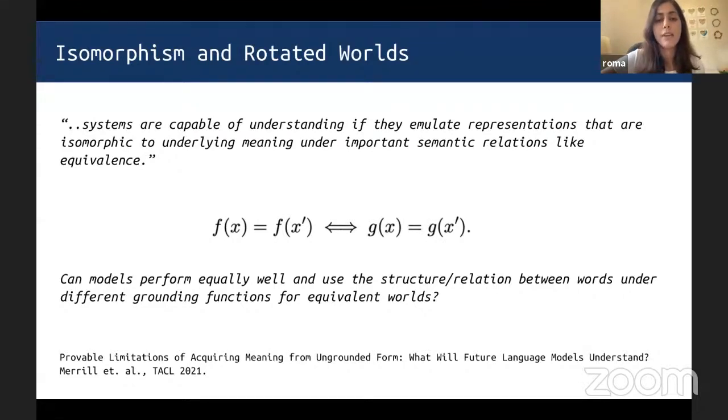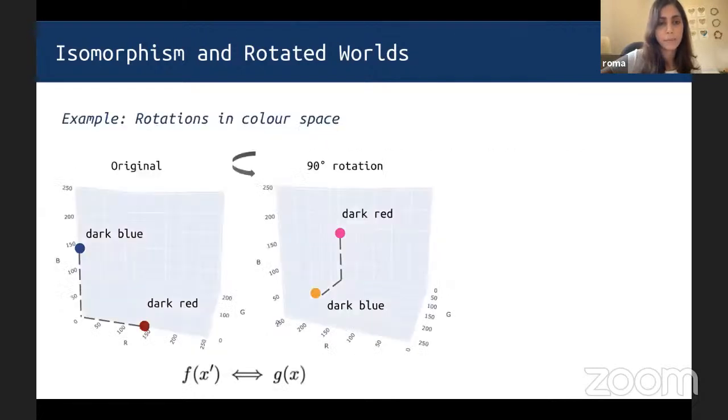So for example, if we have a different grounding function where maybe in a new world, left actually meant right, or north, south, and east and west were rotated in some way that still preserves the directional relation, if we teach models this new grounding in a new world, can they still do this equally well, given that this still preserves the relation between words that they had learned during pre-training?